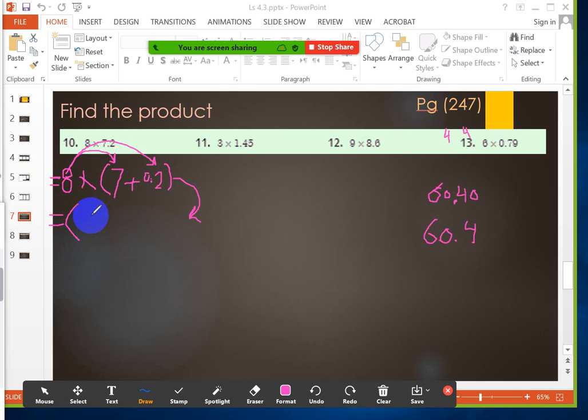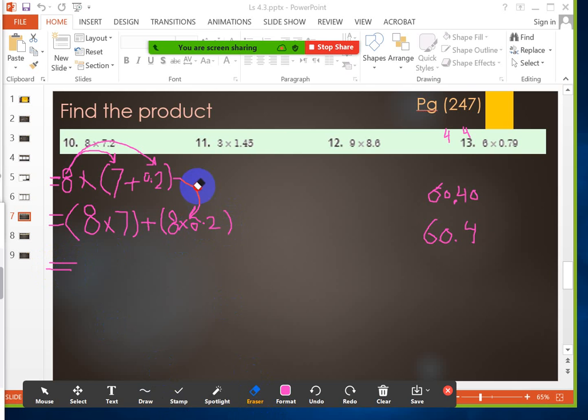So first, I will multiply 8 with 7 and put it between parentheses. After that, plus, I will multiply 8 with what? With 0.2. Very good. Now, let's multiply 8 with 7. This is the first thing.